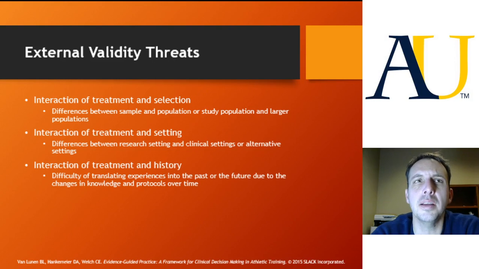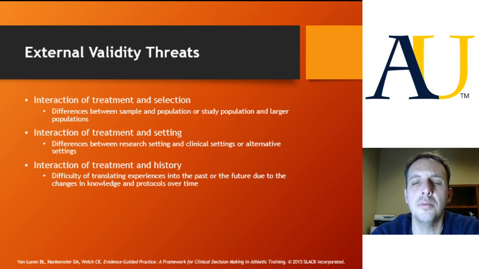The last one for external validity has to do with the fact that research occurs at a specific point in time, and generalizing into the past or into the future can become difficult. The main reason for this is that knowledge and protocols change over time.